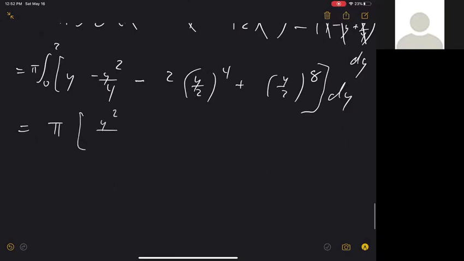Let's see, y squared over 2 minus y cubed over 12 minus the next term.